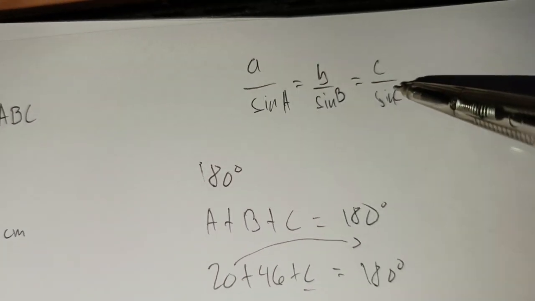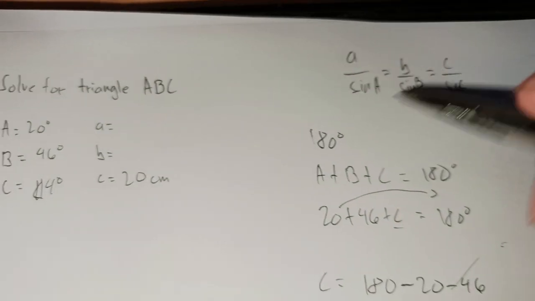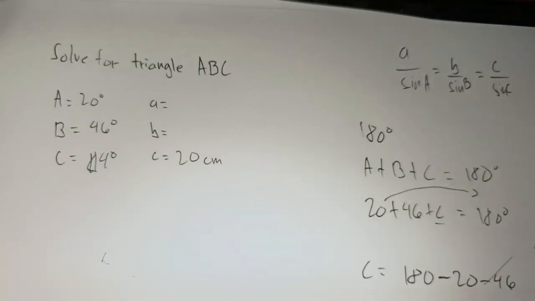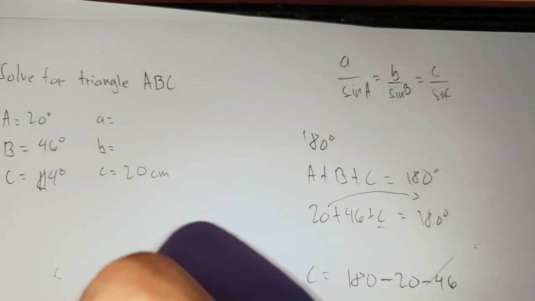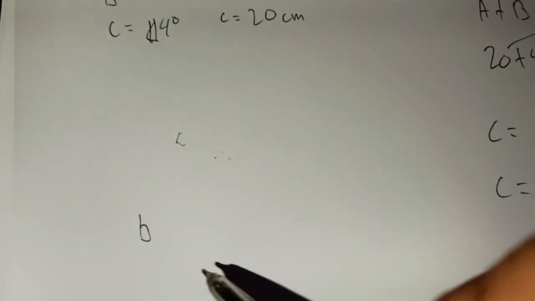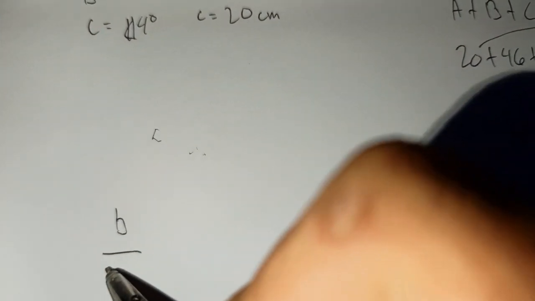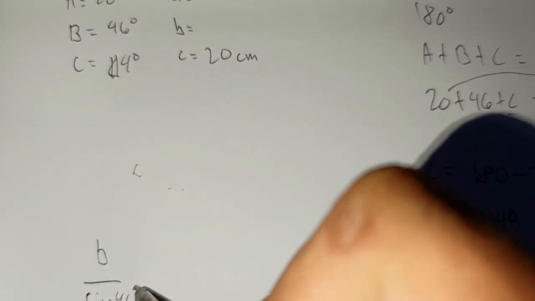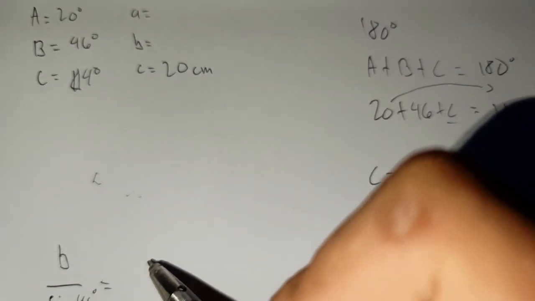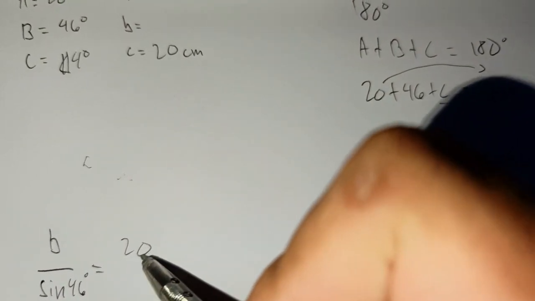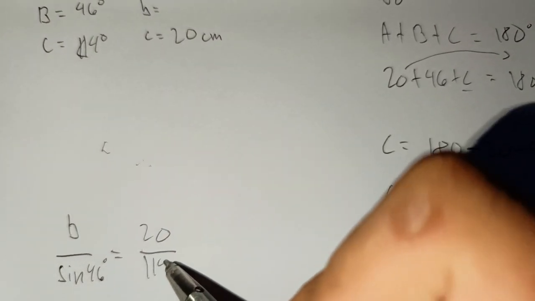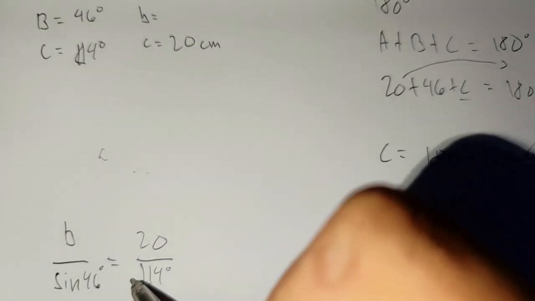So for us to solve this, we use b over sine 46 degrees equals 20 over sine 114 degrees.